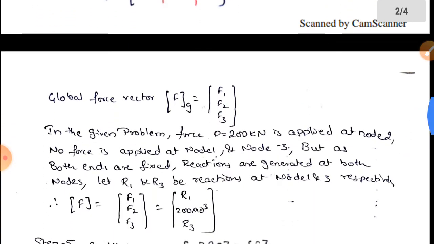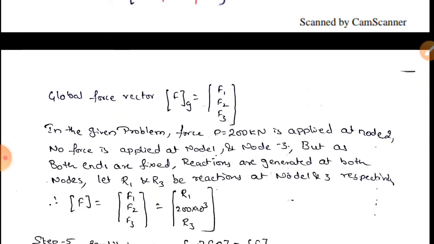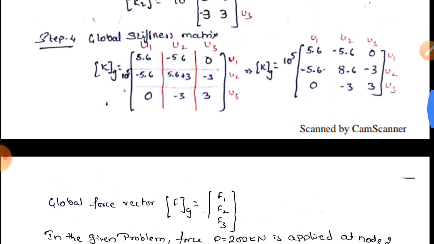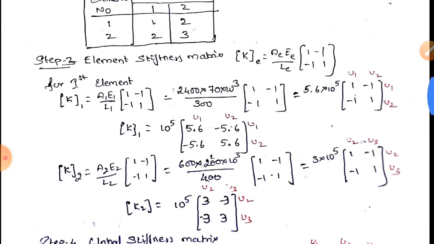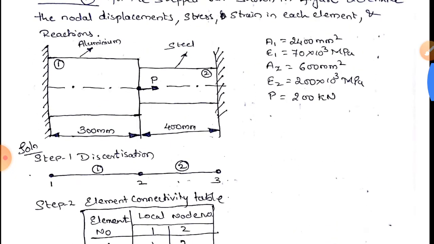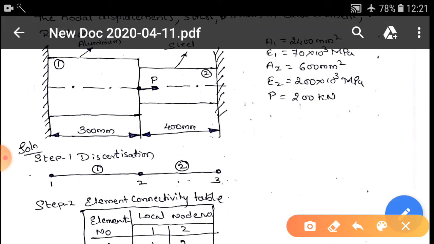Okay, after this we need to write the global force vector. If we see again, I'll just recall it. In this problem the force is applied at node 2. This force is to be put at node 2, F2 is equal to P, which is 200 Newton. Now how about node 1 and node 3?